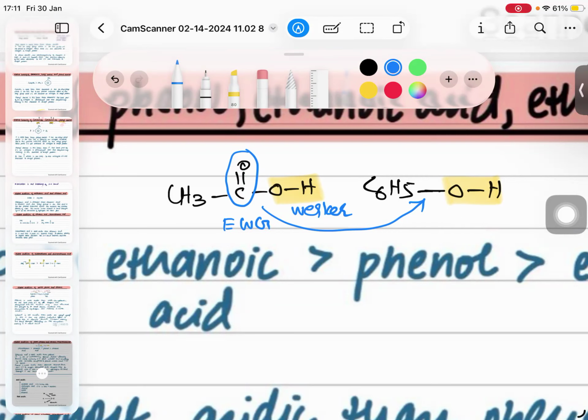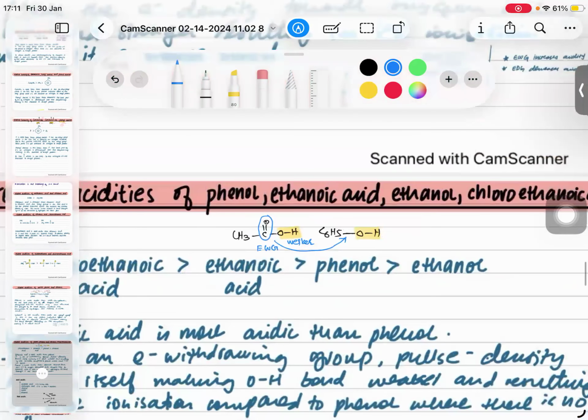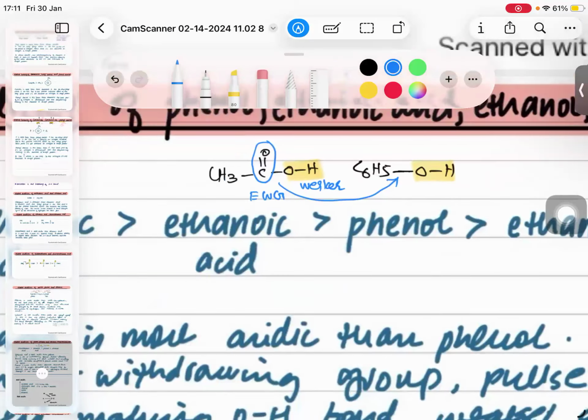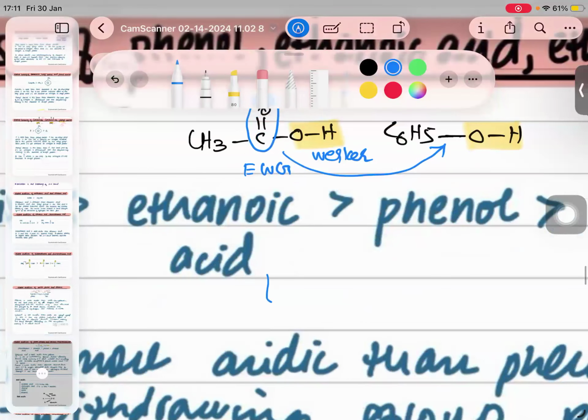So carboxylic acids are on the top. And what explanation will you give? If you have to explain why ethanoic acid is more acidic than phenol, it is because in ethanoic acid there is a C double bond O which acts as an electron withdrawing group and there is no C double bond O in phenol.